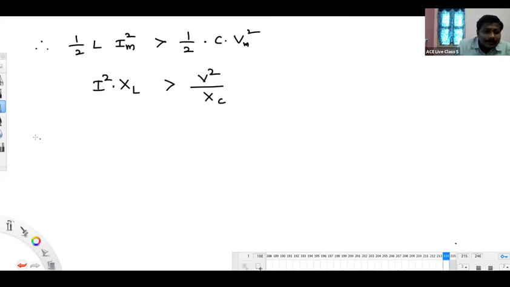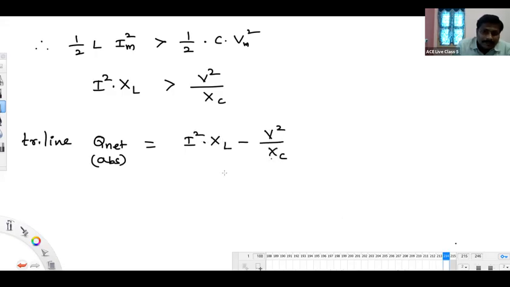Then the net reactive power absorbed by the transmission line, which is I square into XL minus V square by XC, will be positive. So definitely the transmission line is absorbing reactive power; you can say it is acting as a sink of reactive power.